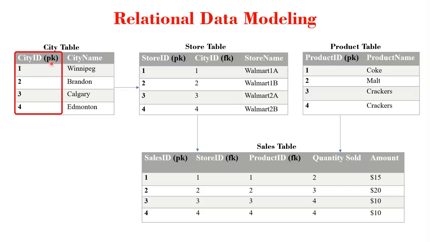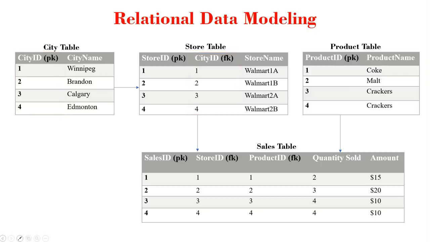City ID is the primary key. So in order to link this city table to the store table, I have to include the unique identifier of the city table, which is the city ID, in the store table as a foreign key. So city ID, which is a primary key in the city table, will be included in the store table as a foreign key. So this establishes the relationship between the two tables.